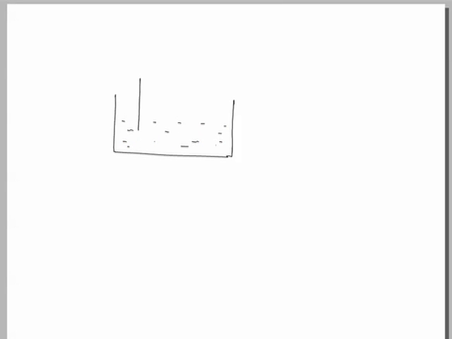So, there are 2 electrodes being connected to one electrical power cell, and this is the electrolyte. These are the electrodes.